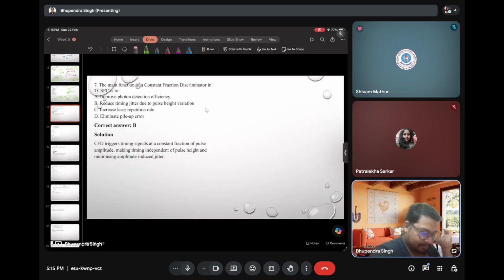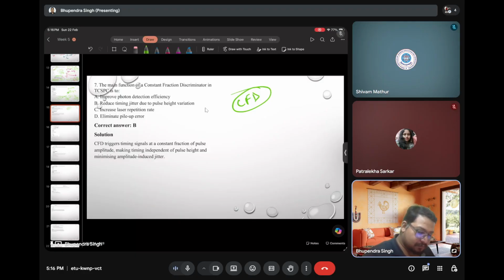Okay. The main function of a constant fraction discriminator, CFD, in TCSPC is to... this you need to tell because there is no calculation, no formula you have to remember.